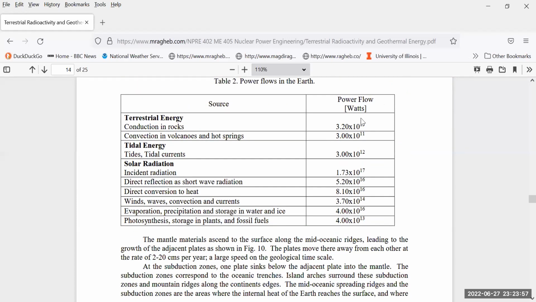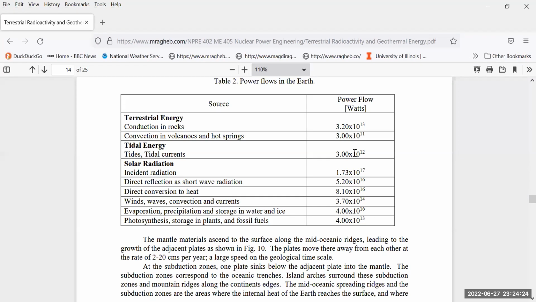Terrestrial energy generates 3.2 × 10^13 watts of energy. Convection in volcanoes and hot springs, 3 × 10^11 watts. Tidal energy, which is energy generated from the attraction between the moon and the Earth, is 1 order of magnitude lower.